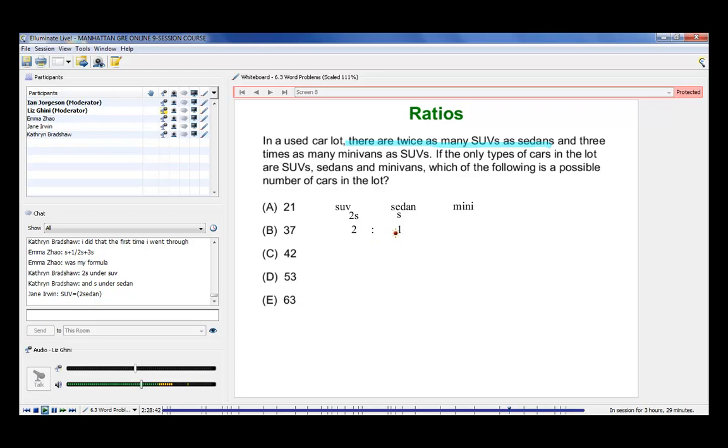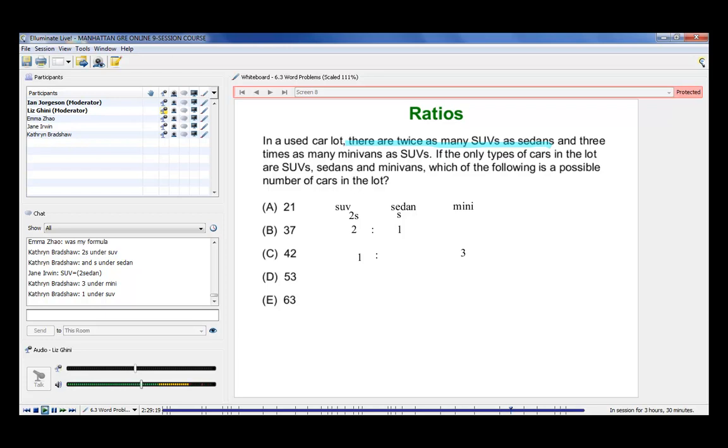Okay. 3 times as many minivans as SUVs. What would you know there? 3 times as many minivans as SUVs. 2 ways to do it. I could put 1 to 3, right? SUVs to minis. And I could translate that into variables, right? But how else could I deal with that?